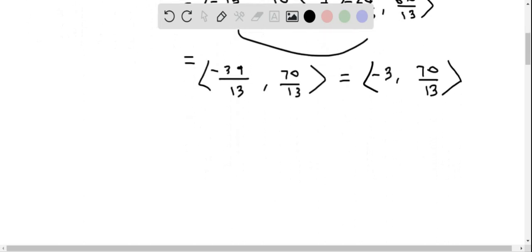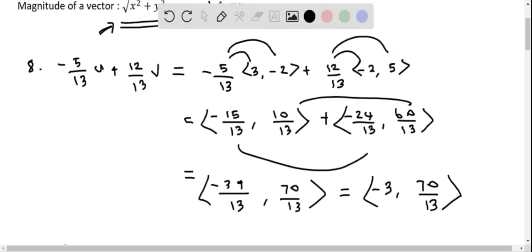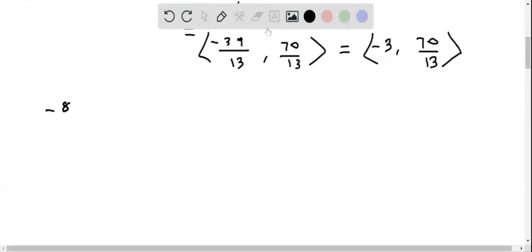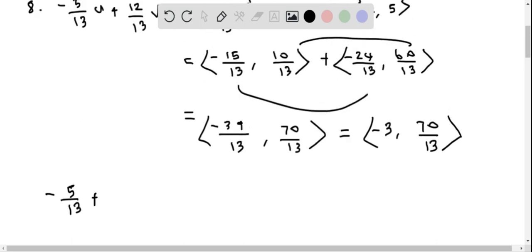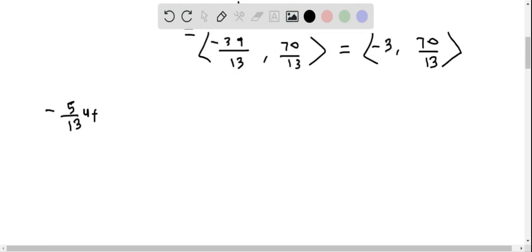Now let's determine the magnitude, so which is minus 5 by 13 u plus 12 by 13 v. We find the magnitude, so we put them in double bars like this.